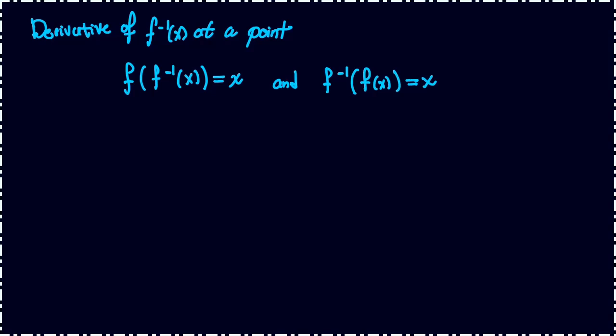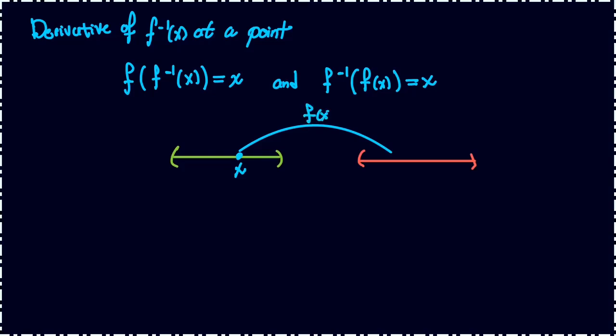This kind of makes sense because if I have the domain and range, and let's just say we start with x, I'm not going to go back and forth with the colors. f is going to act on x and give you, we can call that point in the red set or in the range y, or we can just leave it as f of x.